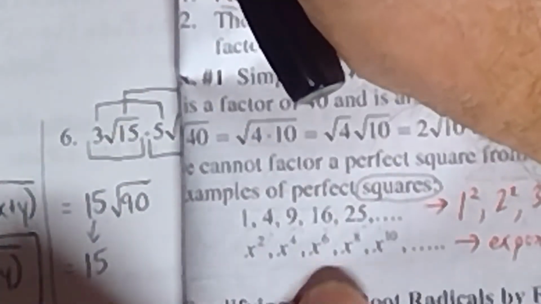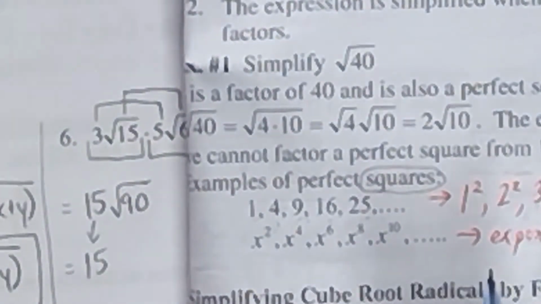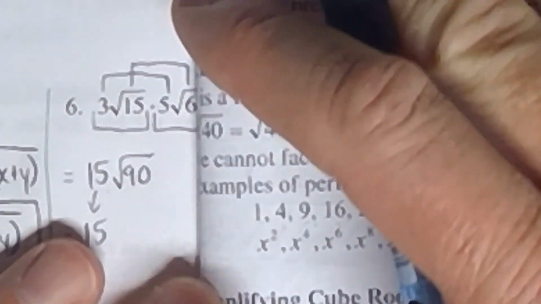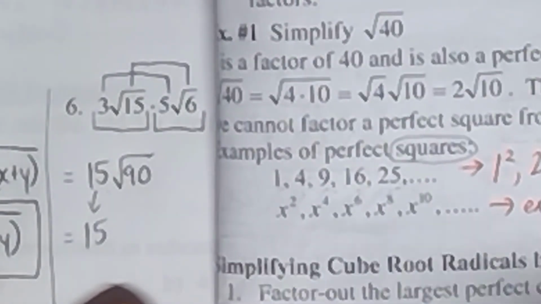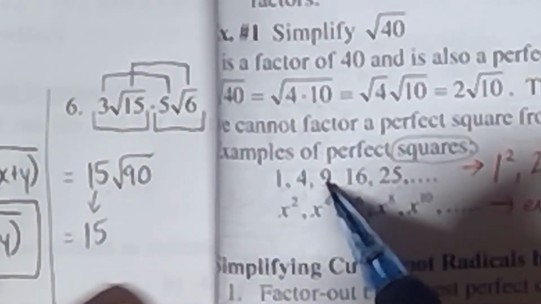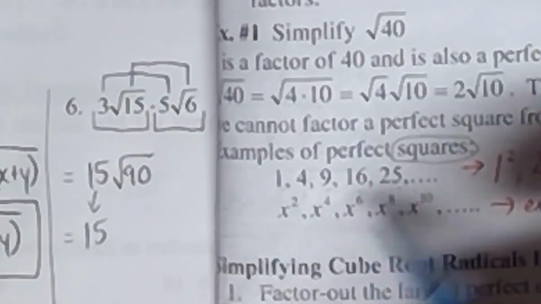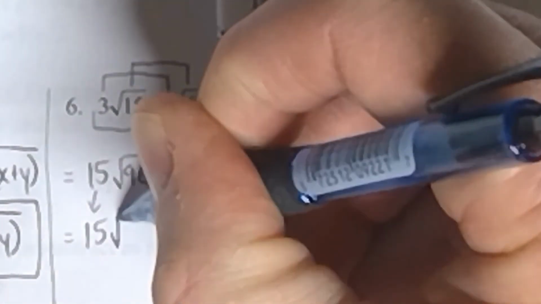Remember, the list does not end at 25, but if we went beyond that, you would see that 9 is still the biggest one that works. So 1 and 9 work, but we need to pick the largest one. So we get this, don't we?